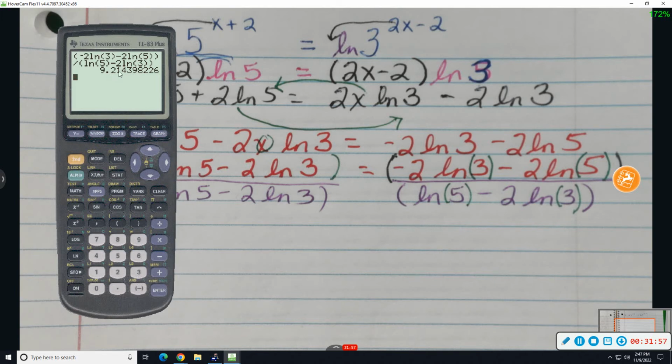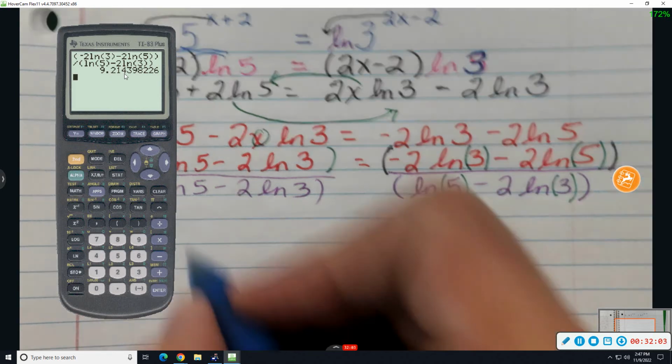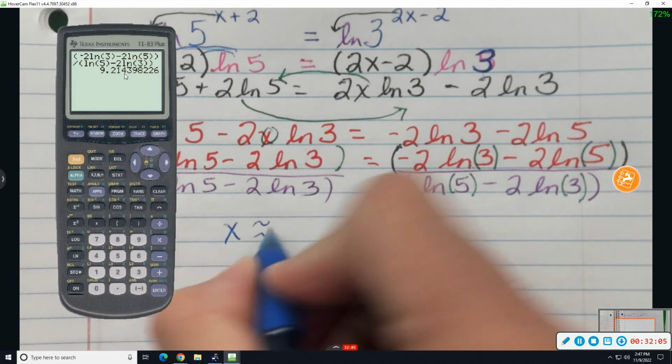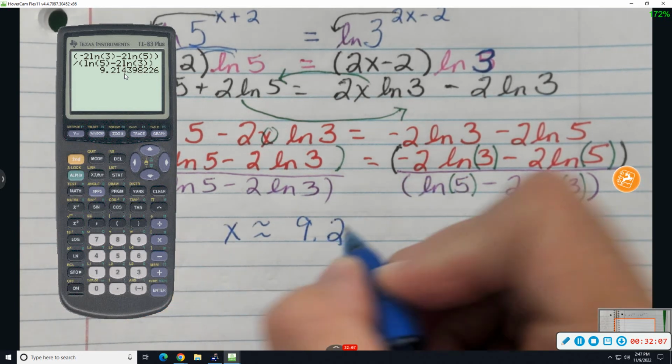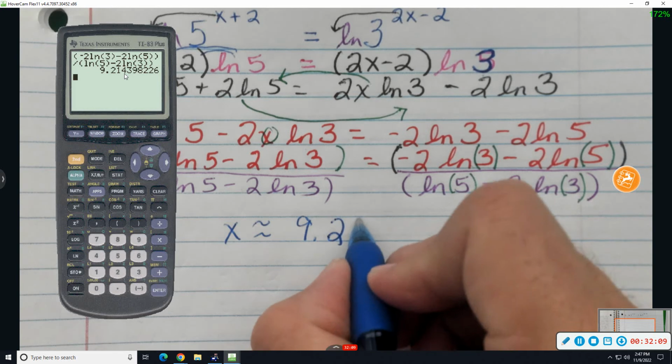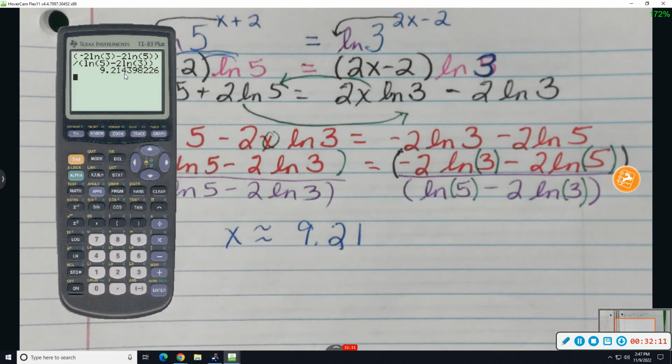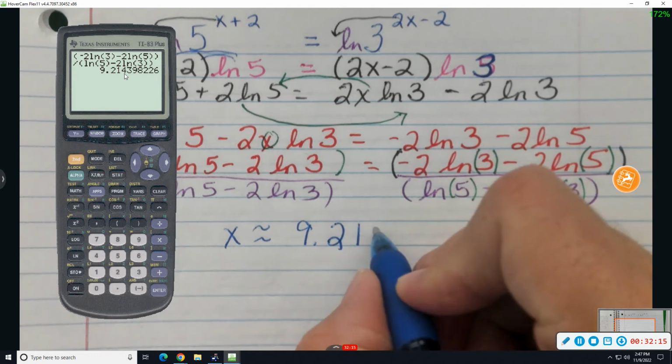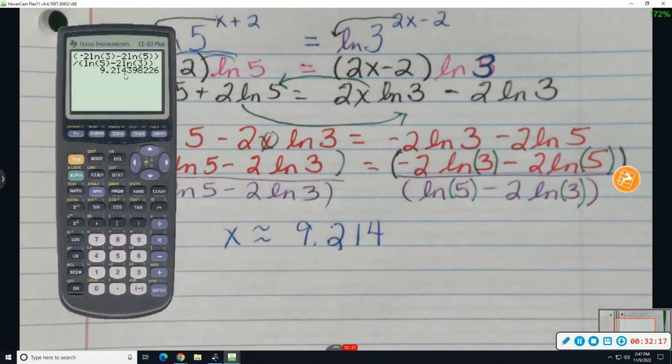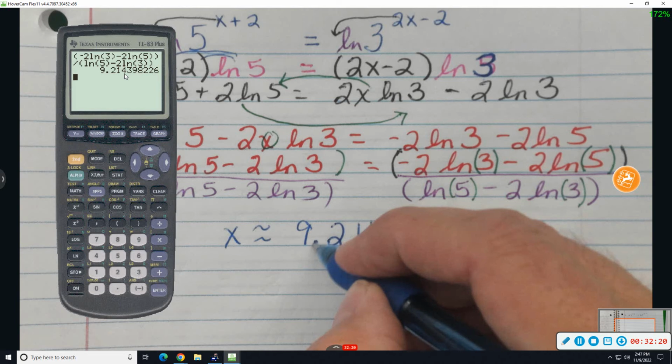So 9.21, will I leave it as a 4 or round that 4 up to a 5? 2, 1. Let's see. The number after the 4 is a 3, so leave it as a 4. That's right. And it was a positive, right? Yeah, positive 9.214.